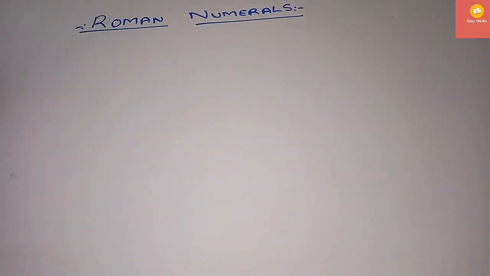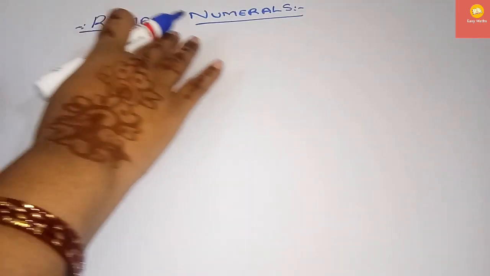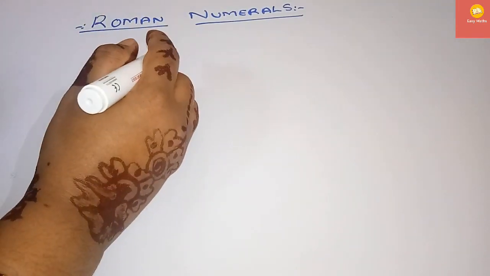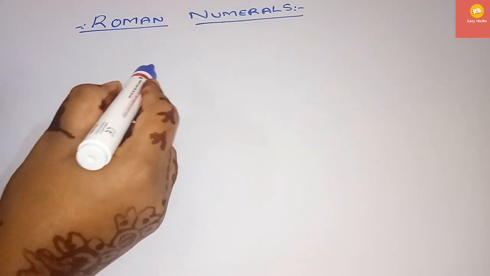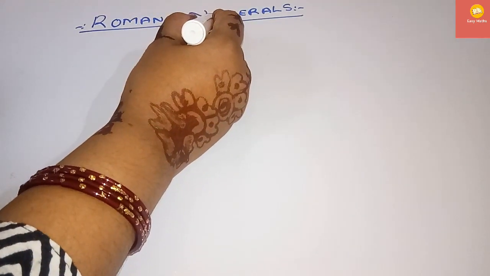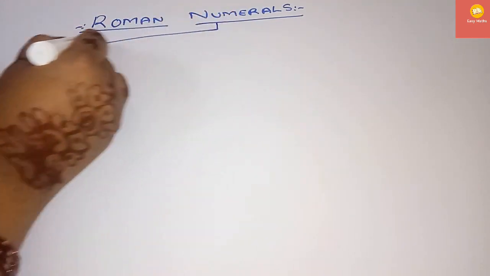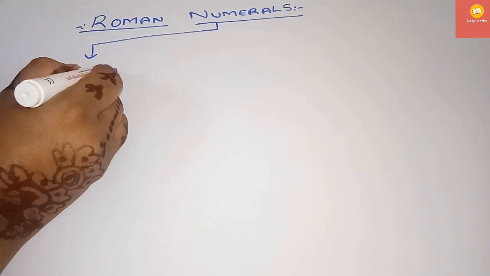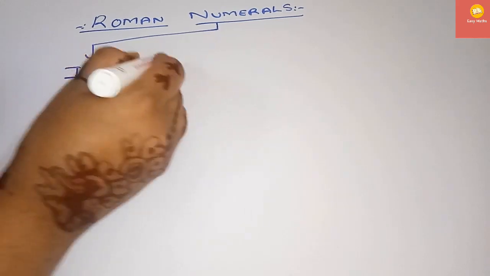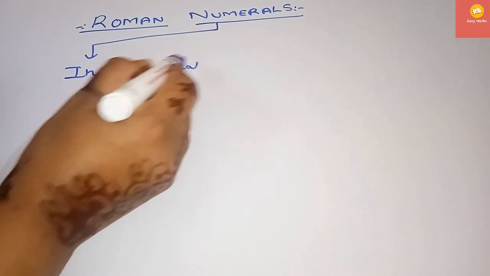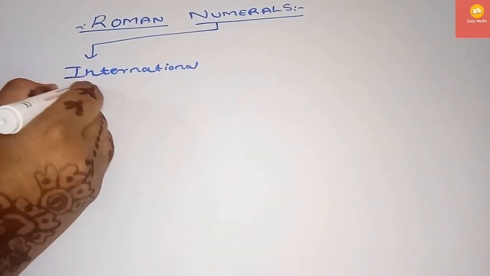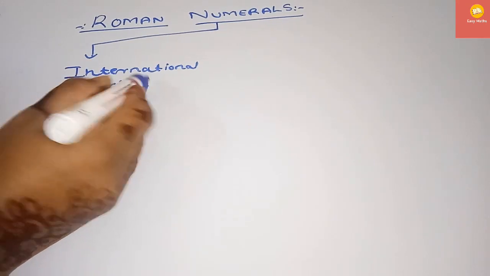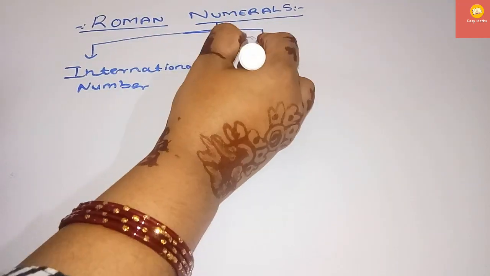Before we jump into our topic, first we need to understand the types of number. We have two types of number. First is international number, and second is Roman number.